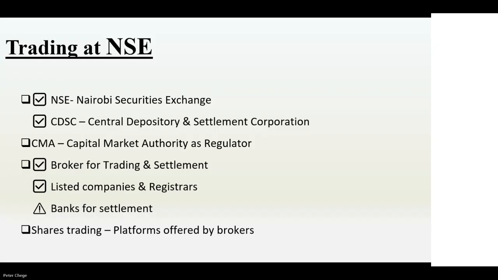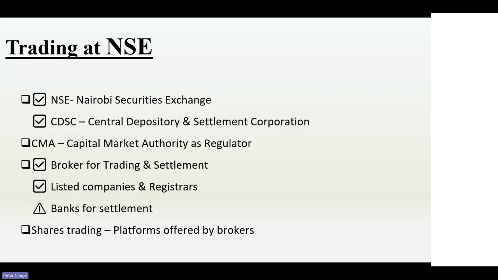Now, CMA, the Capital Markets Authority, is the regulator and they oversee the trading activities. And they are the ones who protect your shares from the brokerage level and also from NSE and CDSC level. So there is nothing that can happen to your shares as long as the CMA are in operation. Then comes in the broker.